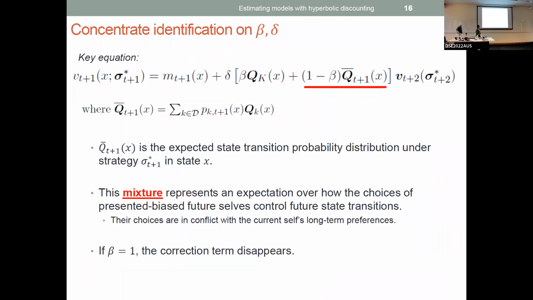The mixture represents an expectation over how the choices of the present-biased future selves control future state transitions. And these choices made by future selves are potentially in conflict with the current self's long-term preferences.